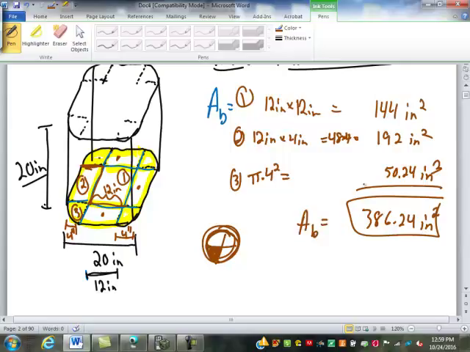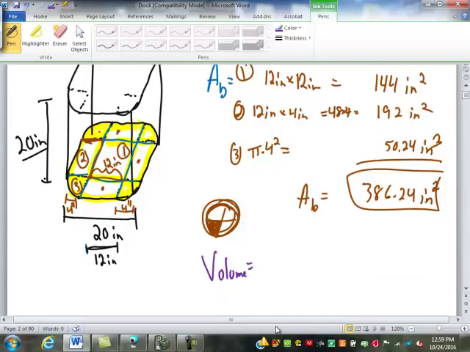No? Well, now I'm going to give you 30 seconds to use that to find the volume. Area of the base times height.